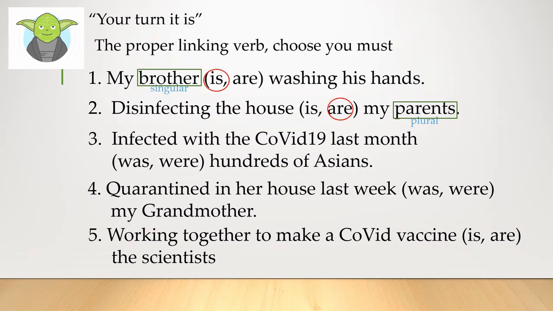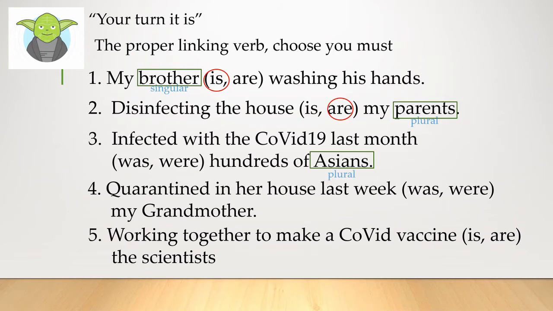Infected with the COVID-19 last month were hundreds of Asians. What do you think is the subject? If you answered Asians, then you're correct. And is it plural or singular?